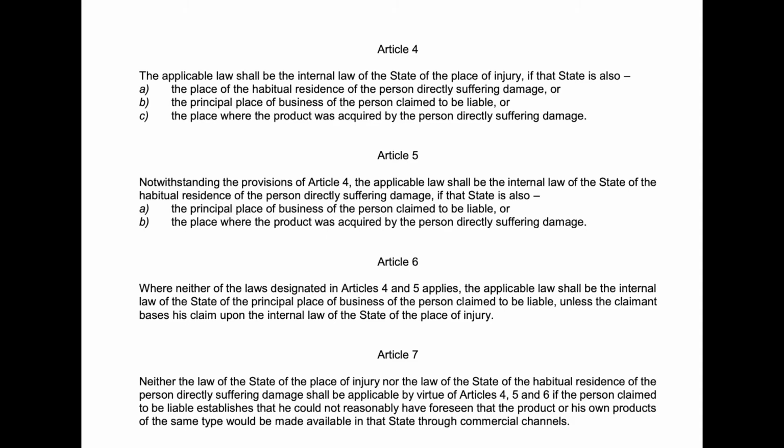At the end, when we cannot apply Article 4 and Article 5, Article 6 establishes an option for the claimant, the person suffering damage. This person can choose between the law of the principal place of business of the person claimed to be liable or the law of the state of the injury.